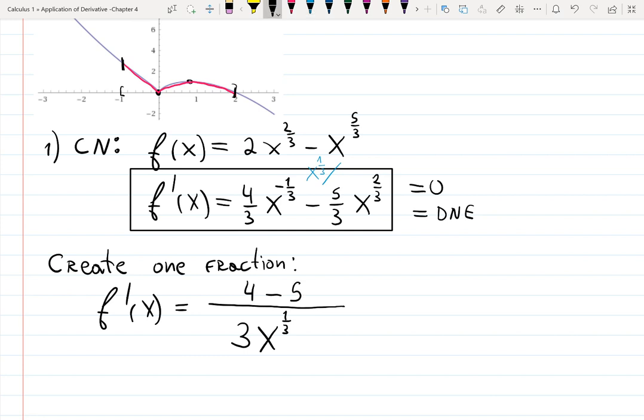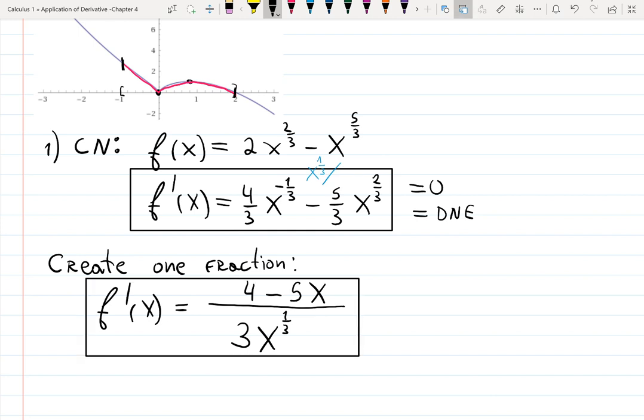It will be 5, because 3 already went to the common denominator, and then x^(2/3) times x^(1/3) is x^(3/3). That's just x. So that's my derivative, and I'll put this one in the box. Okay, nice.